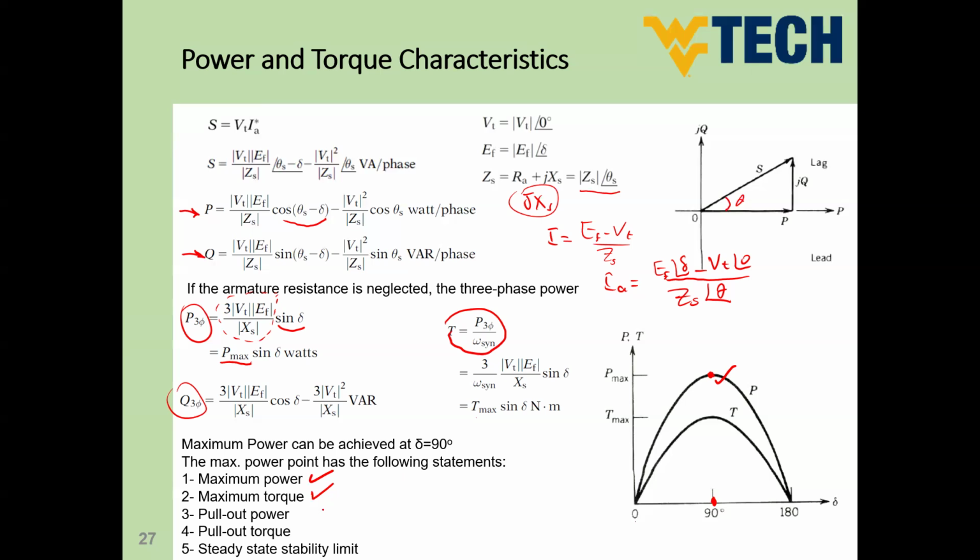Sometimes we refer to the maximum as pull out, so pull out power or pull out torque, giving the same indication that delta equals 90 degrees. And one thing else is the steady state stability limit. What is the steady state stability limit? So we need to discuss more about this point. Now this is the point, and we have 5 names for it.